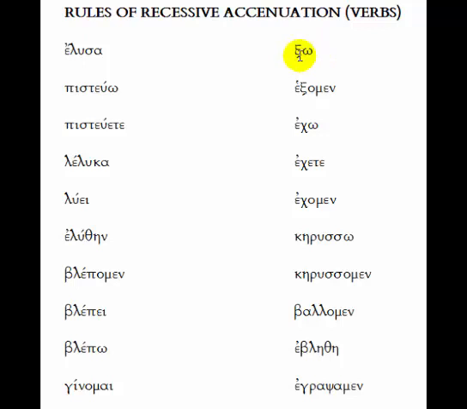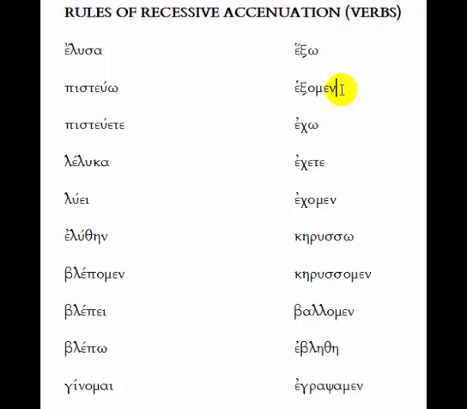So I'll see if I can put the accent there. I always get confused with that. There we go. So you see here, this has a rough breathing mark and an accent on that syllable.